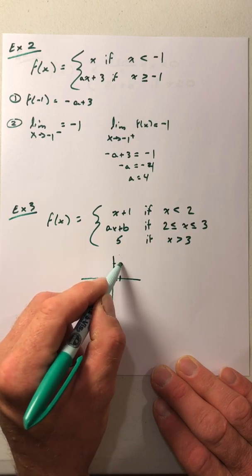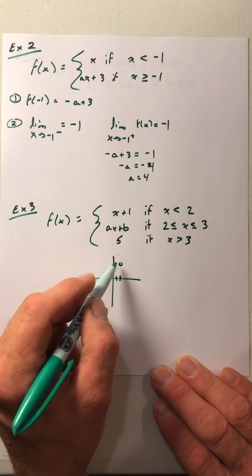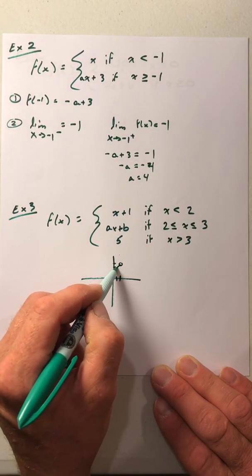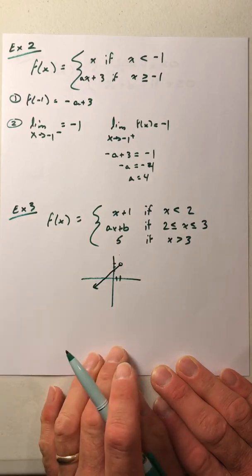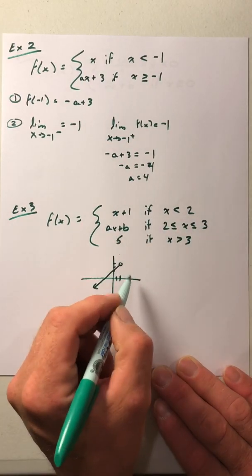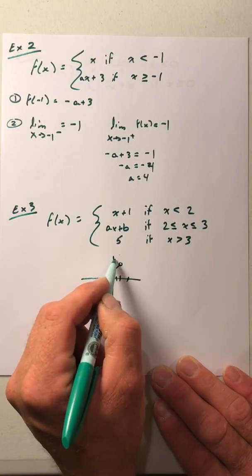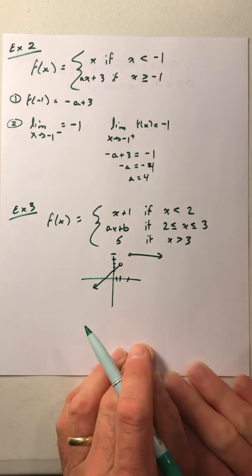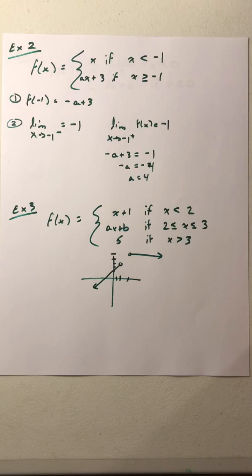It's going to touch almost at 3. And then it's going to come down as a linear function. We know on the other side of 3, it's going to be up here at 5. And it's going to be a horizontal line there, sorry.